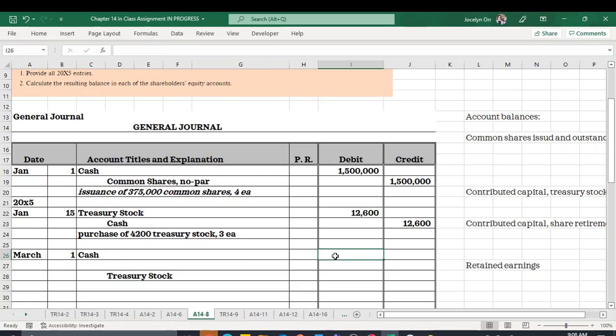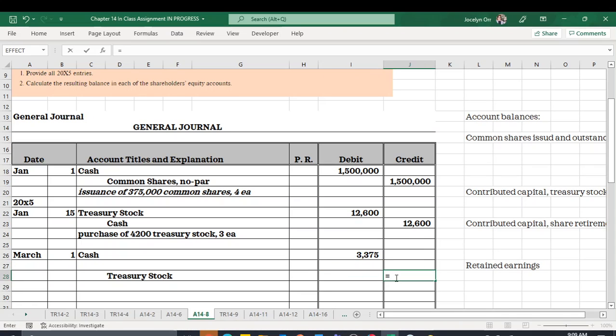So we'll start off with the easy part, which is the cash that we're going to receive. 750 shares at $4.50 each is going to give us an amount of $3,375.